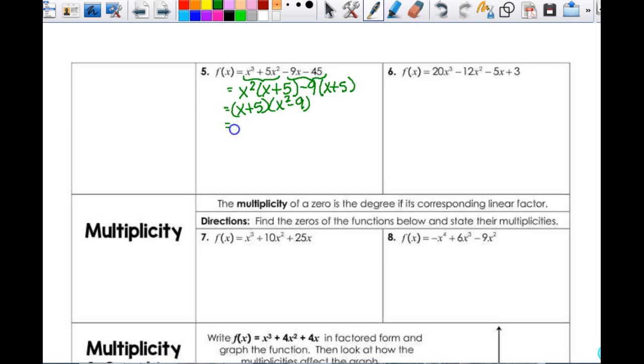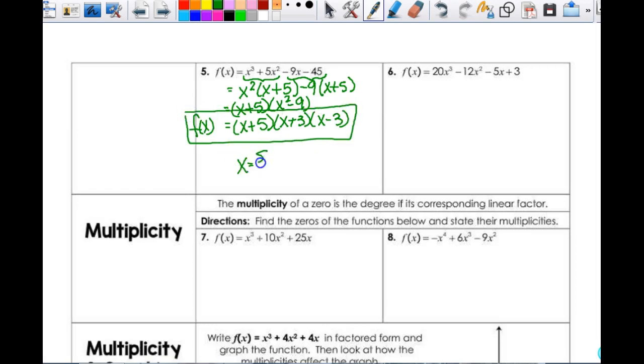I can keep going. X plus 5 times x plus 3 times x minus 3. That is my factored form. My x for my zeros is going to give me a negative 5, a negative 3, and a positive 3, so negative 5, and then plus or minus 3.